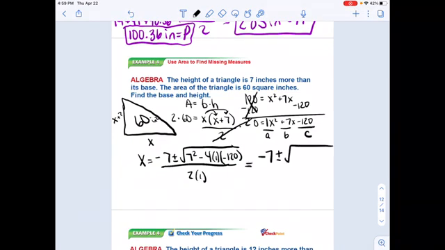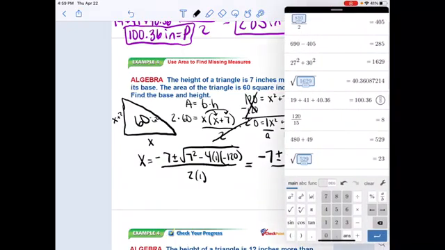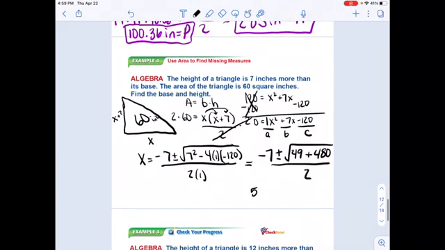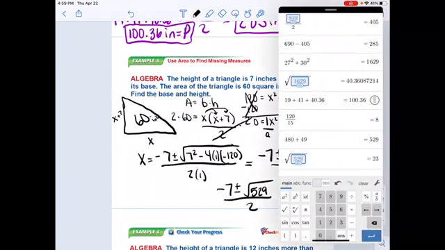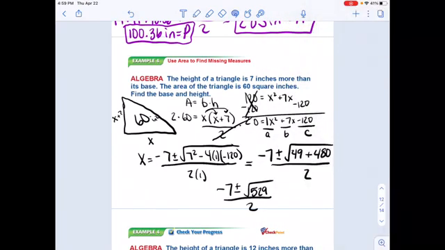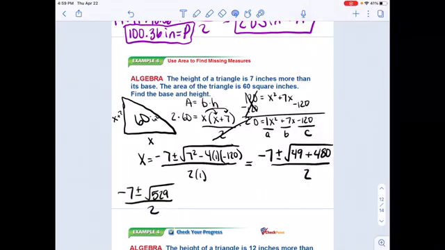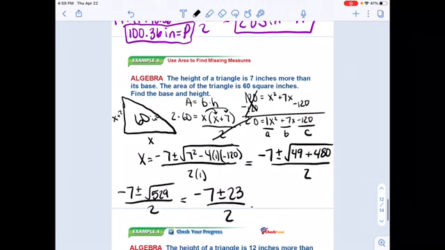So negative 7 plus or minus the square root of 49 plus 480, all over 2. 49 plus 480 is 529. And then 529 happens to be a perfect square. It is equal to 23. So negative 7 plus or minus 23 over 2.